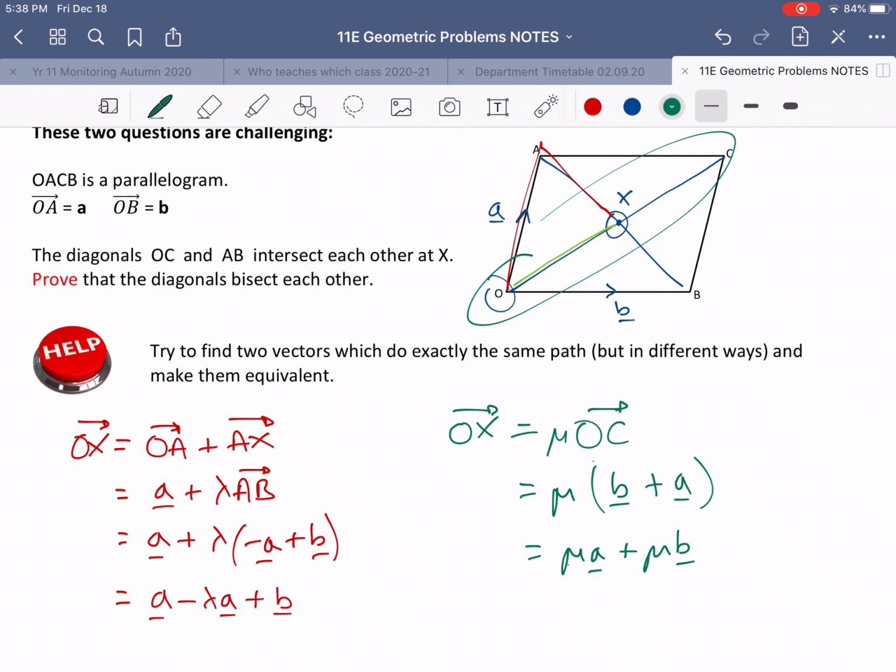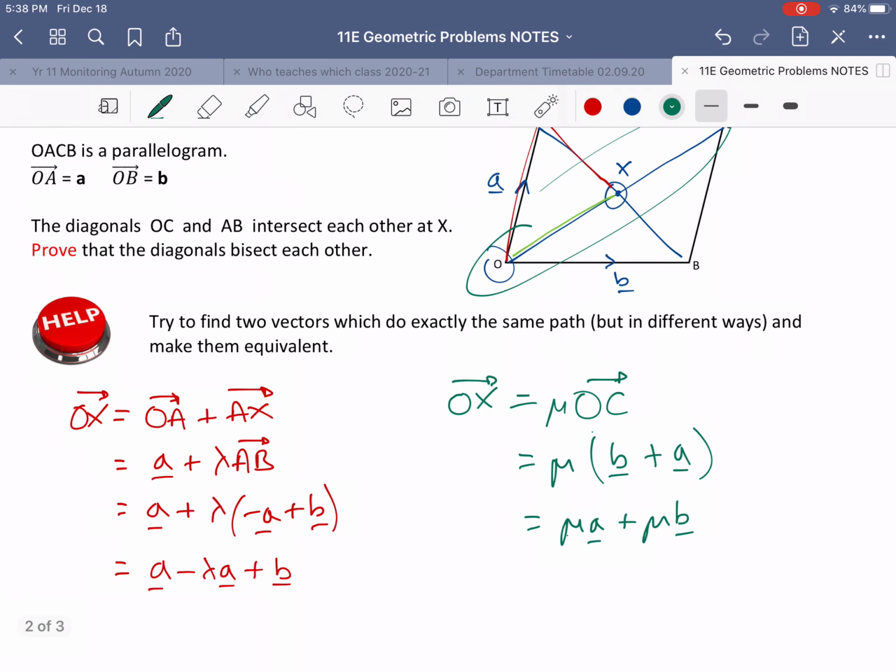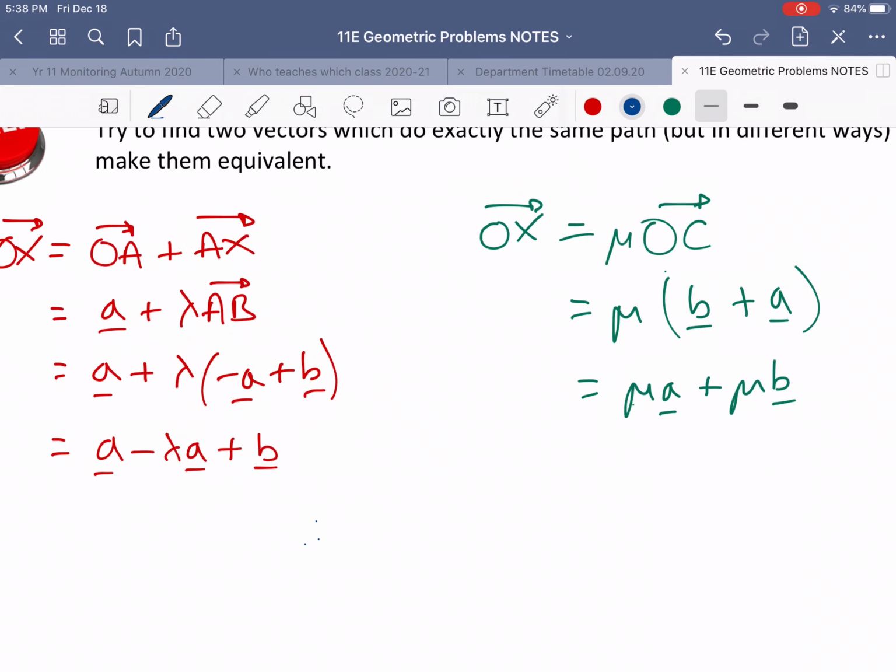And if I expand this out and write it in alphabetical order, I have mu A plus mu B. What I have now are two expressions for how to get from O to X along different diagonals. Because they are both expressing O to X, these two are equivalent. So therefore, A plus lambda times A plus B is equal to mu A plus mu B. Let me look at the A's on the left.